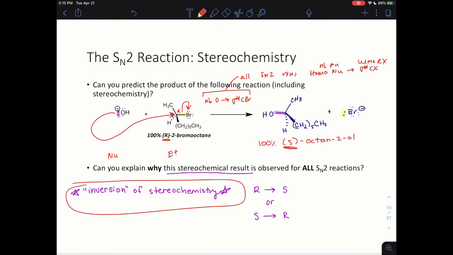Inversion means you started with R and you ended up with S. Or if we started out with S, we would have ended up with R. And this stereochemical outcome, inversion of stereochemistry, is observed for all SN2 reactions. So we need to understand that. We need to understand why that is. When we have a chiral alkyl halide, we will observe inversion of stereochemistry, R to S. Or if we started out with S, we would end up with R.